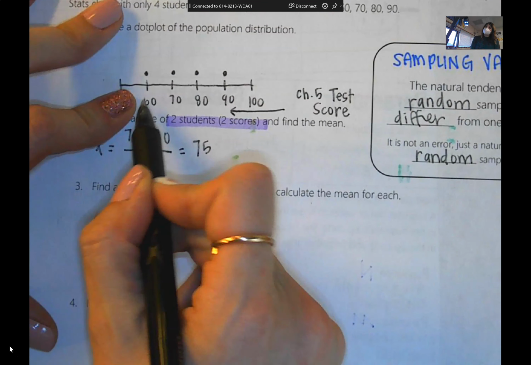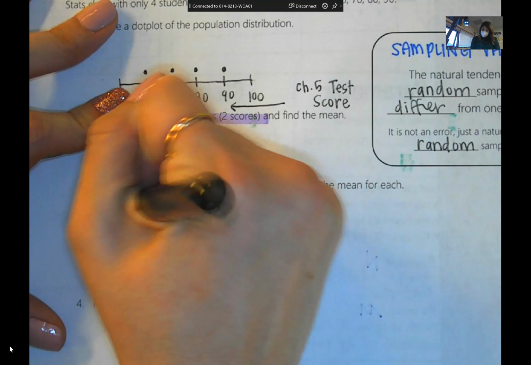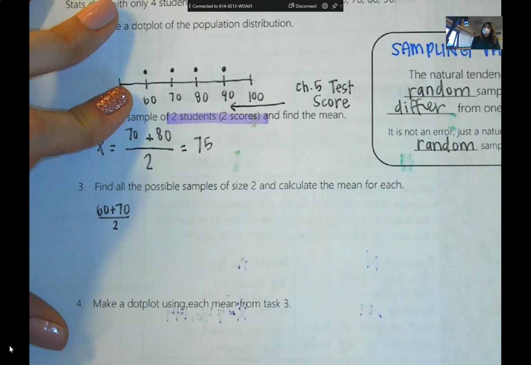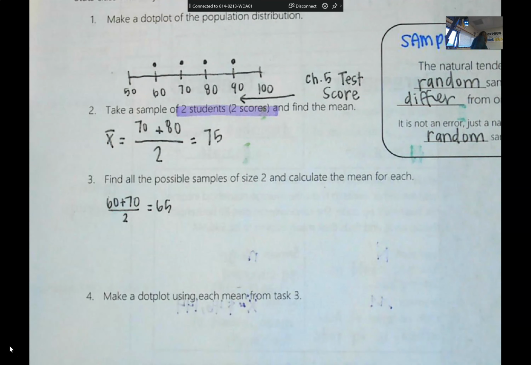I'm going to start at 60, and I'm going to pair it with 70. So I'm going to say 60 plus 70 divided by 2 gives a mean of 65.